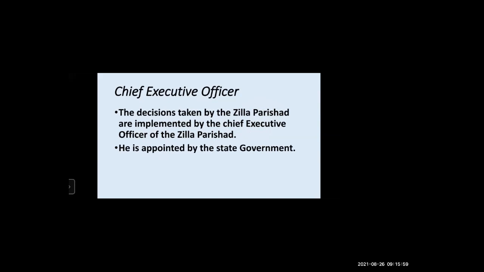Now here you can find the difference. In Gram Panchayat, if Sarpanch is not there, the Deputy Sarpanch looks after his work. Whereas in Panchayat Samiti, if the chairman is not there, the deputy chairman takes his position. In Zilla Parishad, if the president is not there, then the vice president looks after his work.